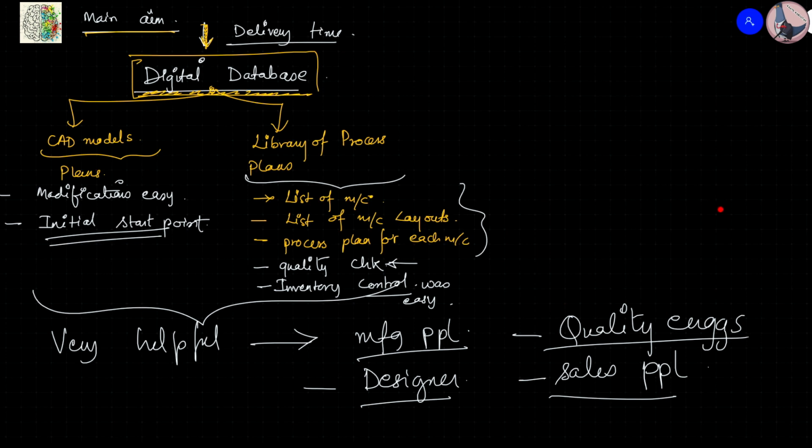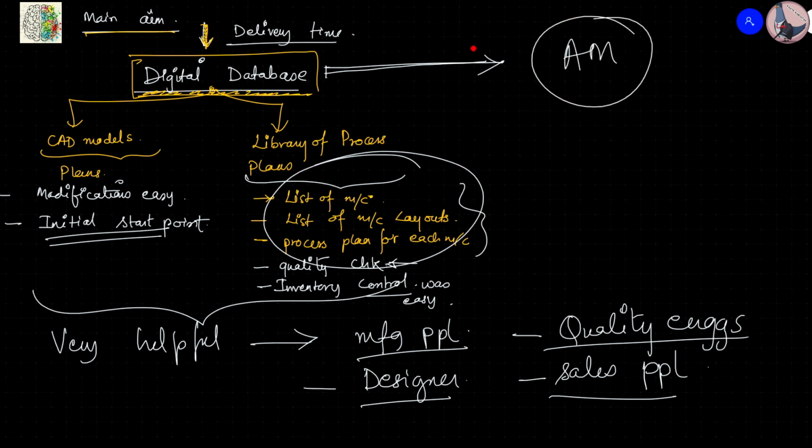So with all these advantages, the first step, the digital database, was made. Once this digital data was made, people realized that they could make some manufacturing method which can directly eliminate these machines, and they came up with the idea of additive manufacturing.